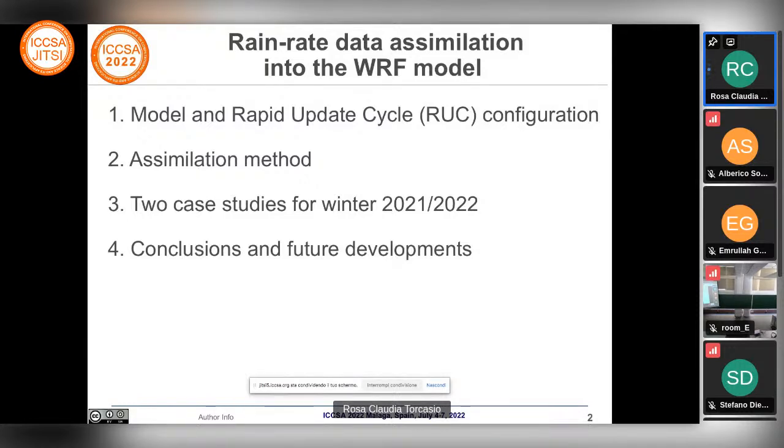We are going to see the model and the simulation configuration. Then we will go to the assimilation method to see which method was used for assimilation. Then we will see the results for 2 case studies for winter 2021-2022. And then, of course, we'll go to the conclusions and the future work in the framework of the project.